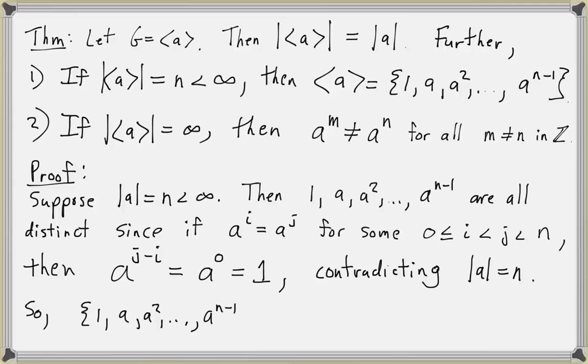And so the set containing these elements, 1, a, up to a to the n minus 1, is a subset of the cyclic group generated by a, because that contains all powers of a. Now we need to show the reverse containment. So now let a to the power k be an arbitrary element of the cyclic group generated by a.